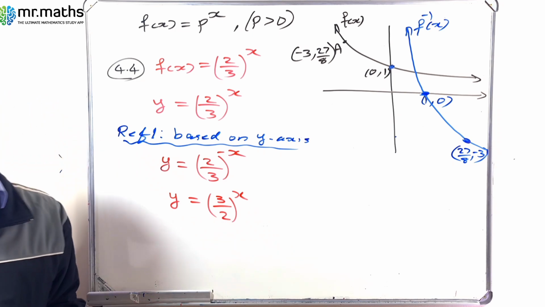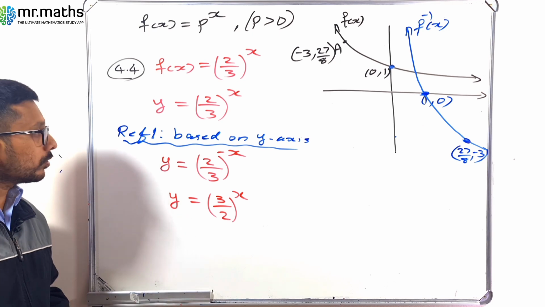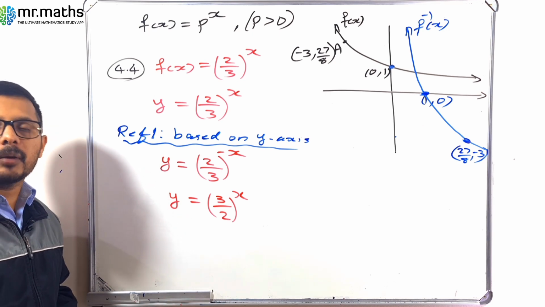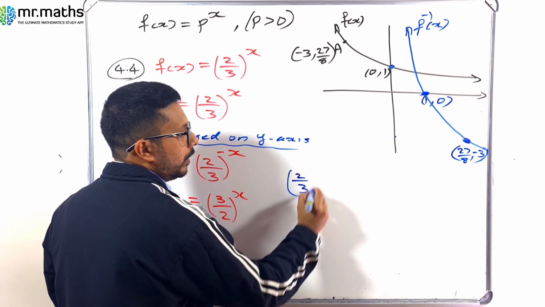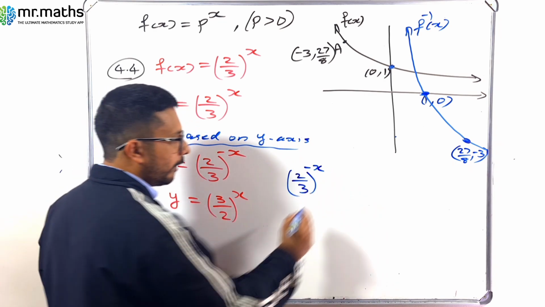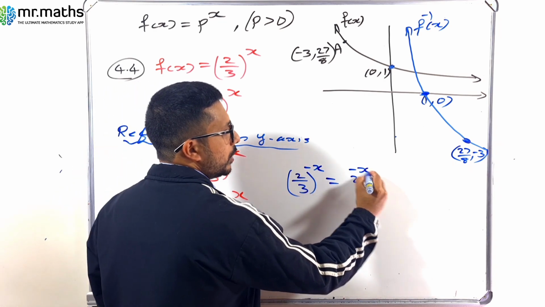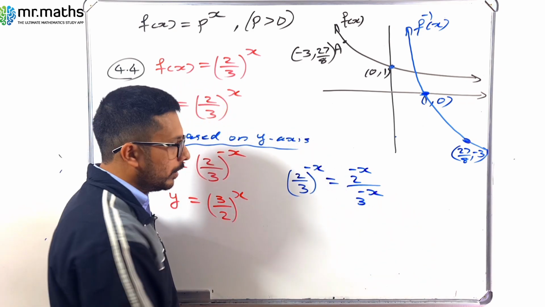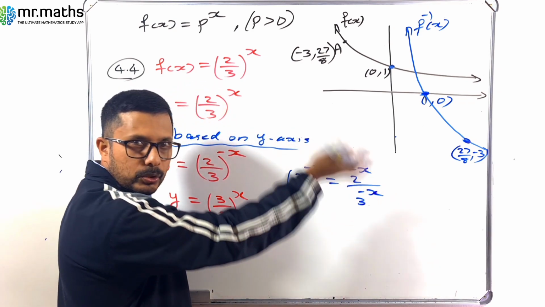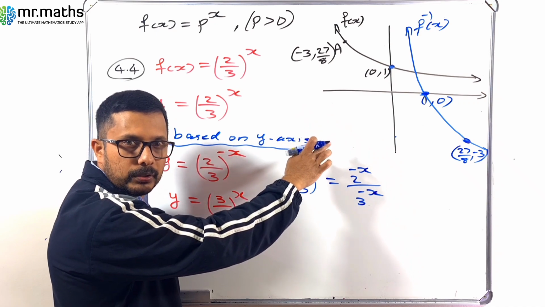It's not a magic or anything. We are applying the exponential rules. So 2 over 3 raised to minus x is the same as 2 raised to minus x divided by 3 raised to minus x. Take this 3 raised to minus x to the numerator, it is positive 3 raised to x.